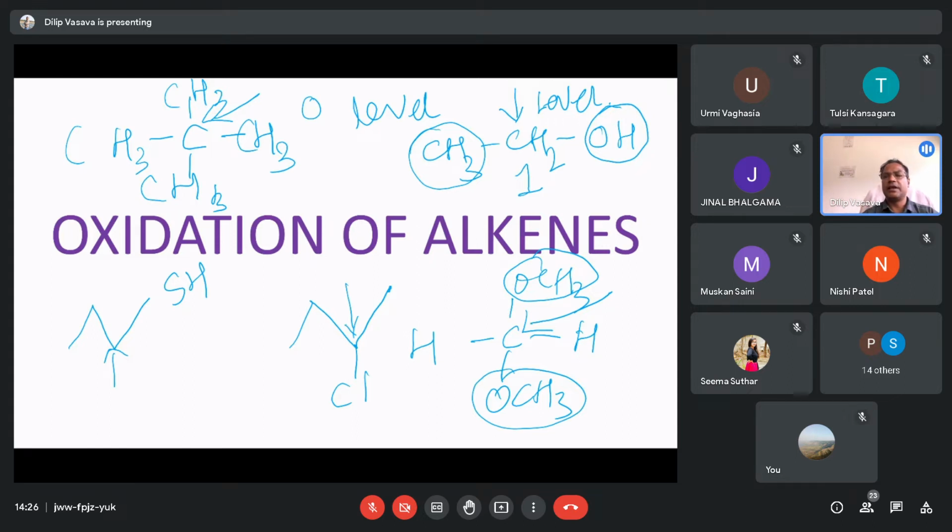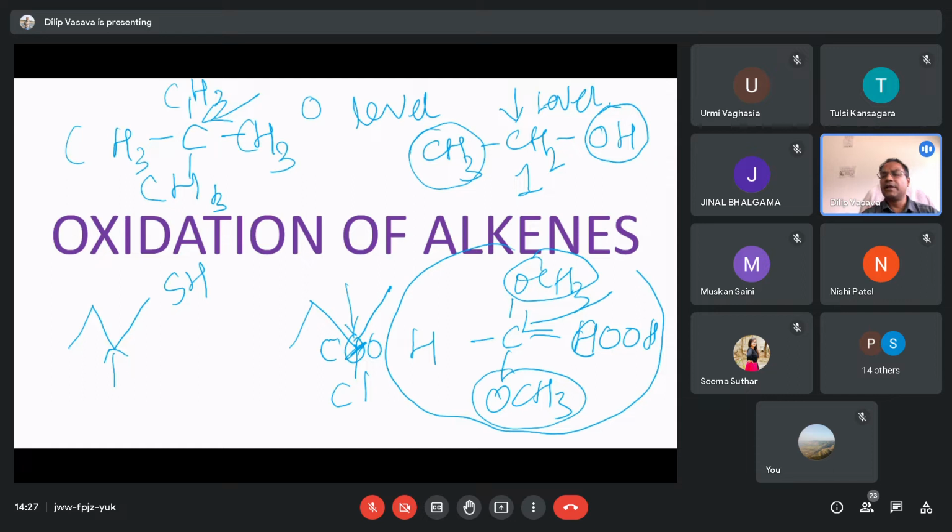And if there are 3 functional groups attached, suppose here I am putting COH, and this is H. Now what do you say about this?